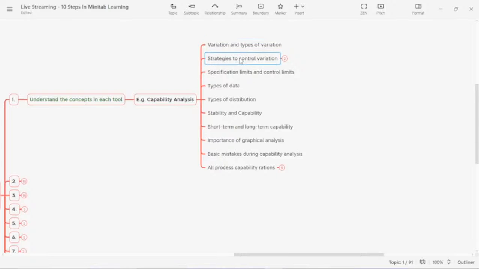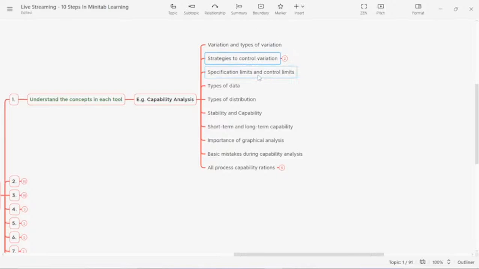The next thing, we need to use different strategies for controlling the variation due to different causes. For example, if you have variation due to a common cause, we need to use the detailed DMAIC approach. If the variation is due to a special cause, we can just investigate before and after, identify the root cause of it, and take actions on it. So based on the situation, we need to understand what kind of strategy we need to deploy to control the variation.